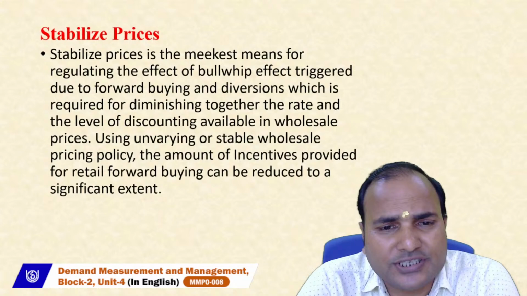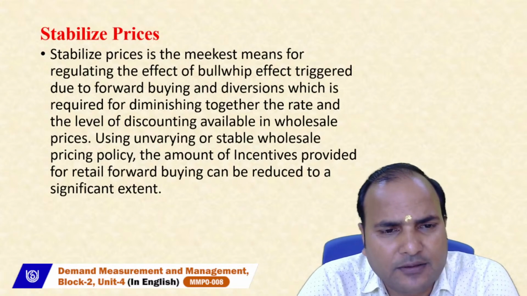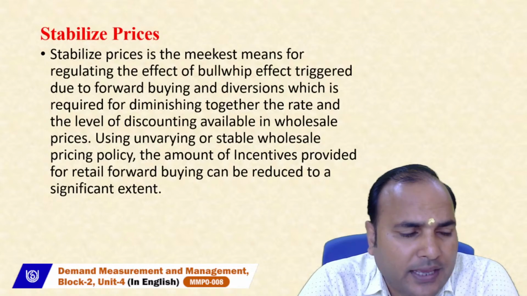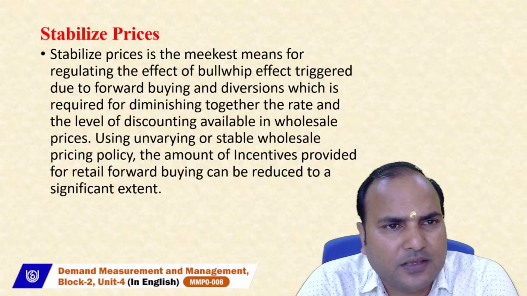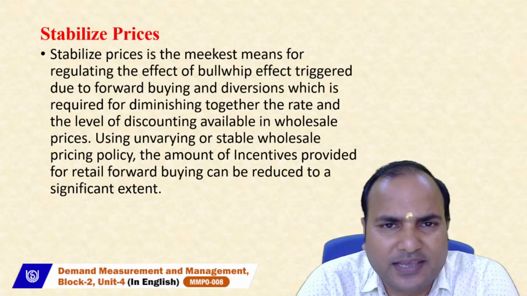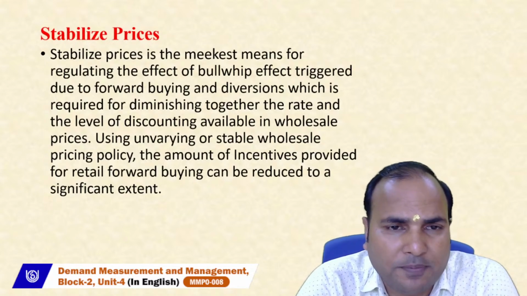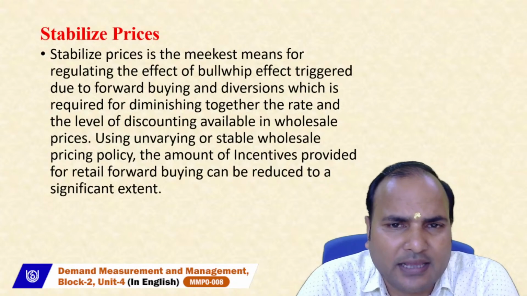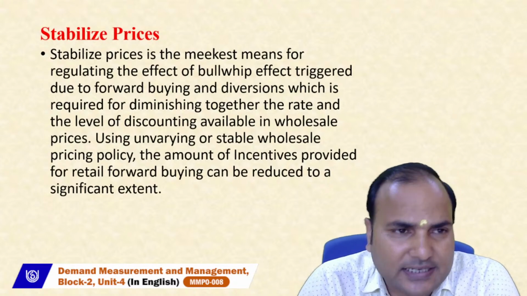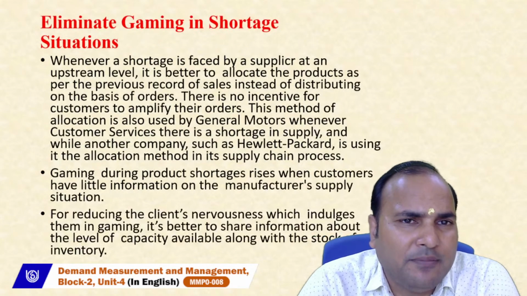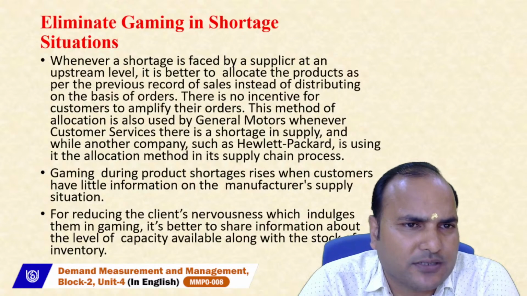Using an unvarying or stable wholesale pricing policy, the amount of incentives provided for retail forward buying can be reduced to a significant extent. So this is about stabilized prices.